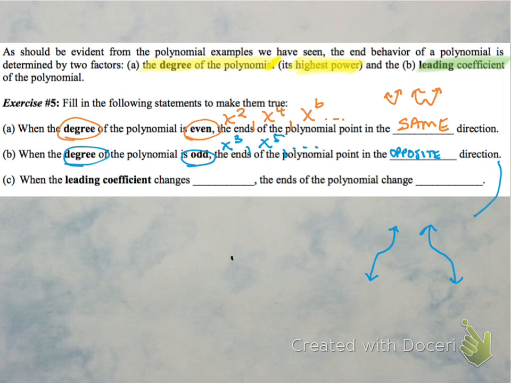So when the leading coefficient, which is the a in a x to the n, changes sign to negative, the ends of the polynomial change direction.